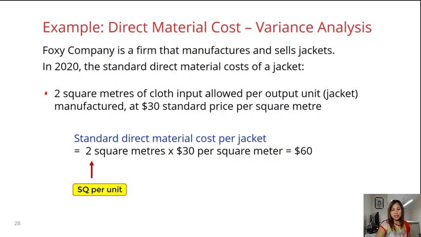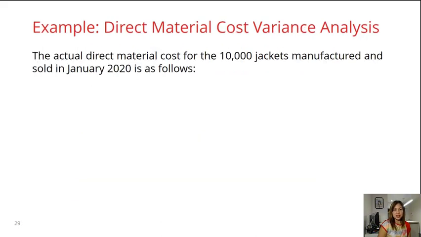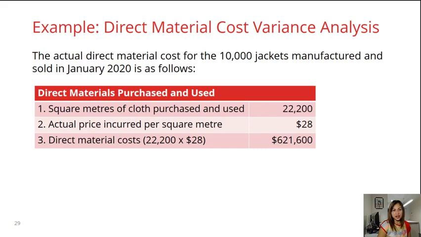So 2 square meters, this is what we call standard quantity per unit of output. And the $30, this is the standard price for your direct material. The actual direct material cost: after you manufacture 10,000 jackets, you look at your invoices. Here is your data.